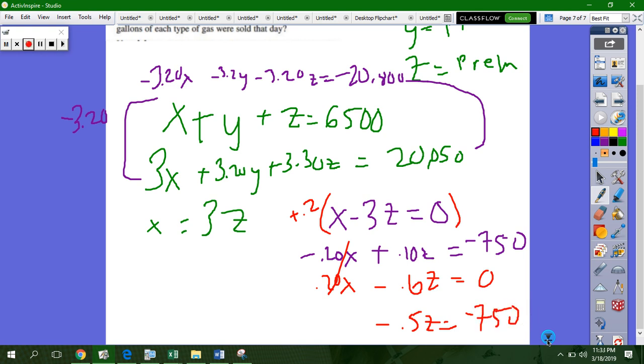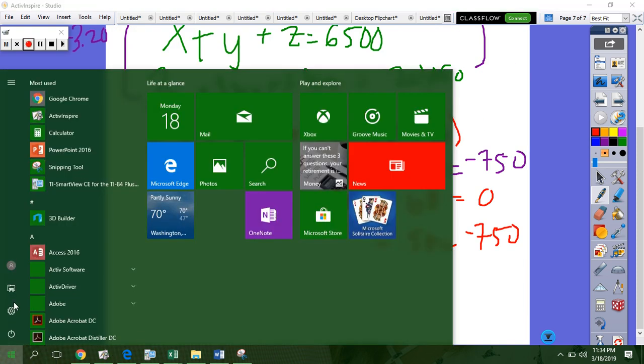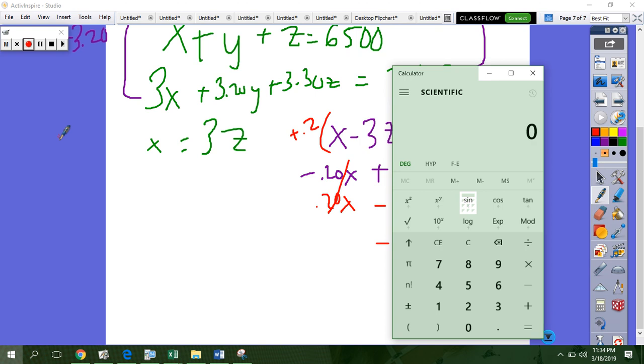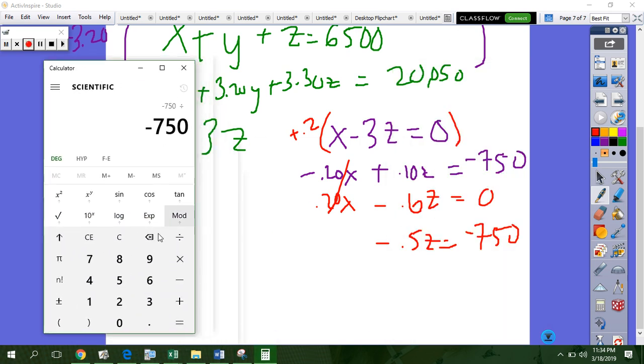When I go ahead and divide it, I'm going to hurry and use that calculator one more time. I have negative 750 divided by negative 0.5 equals 1500 for z.